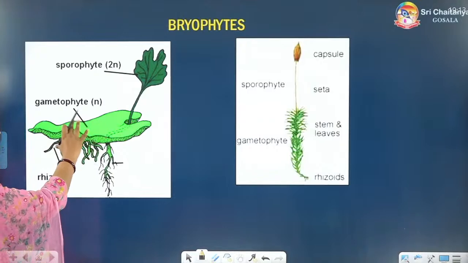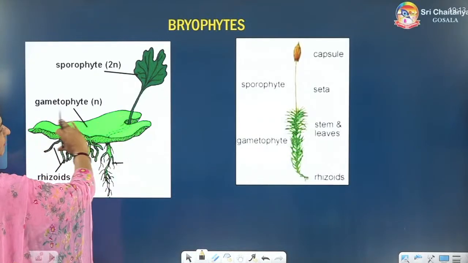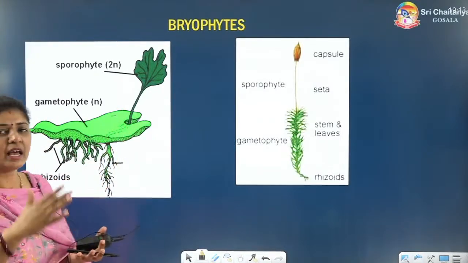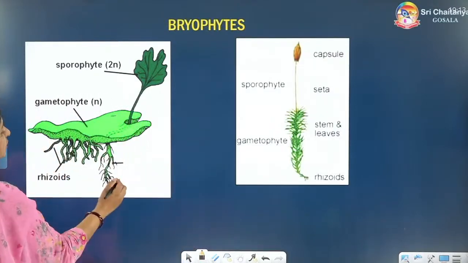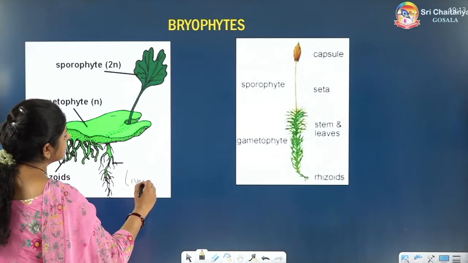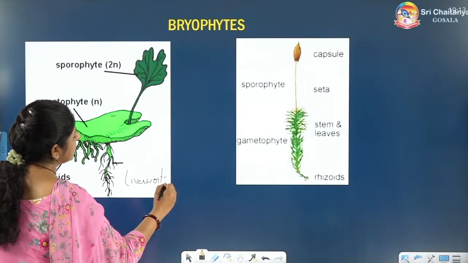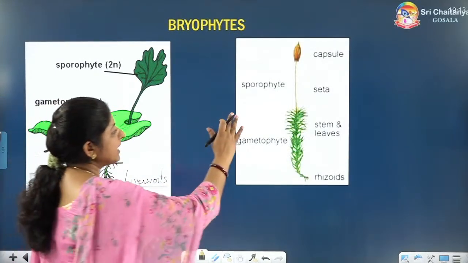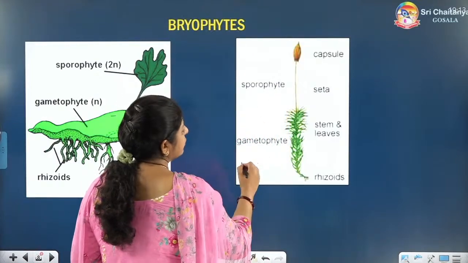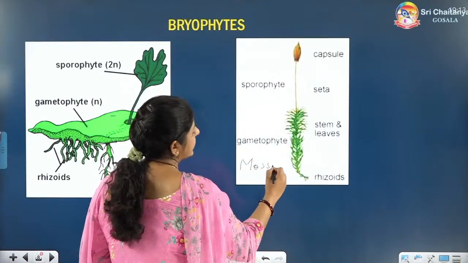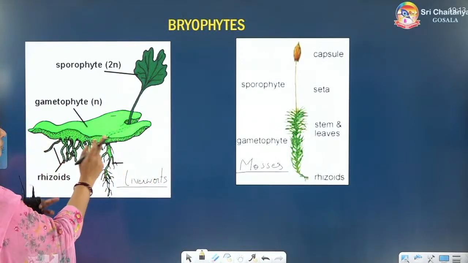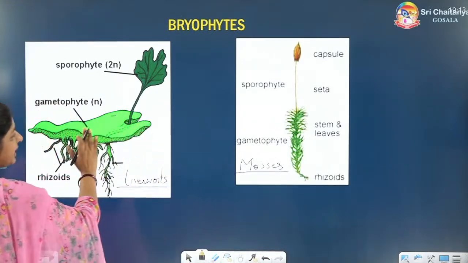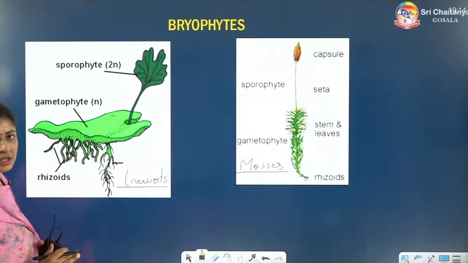Can you see one category has this flat type of structure, like a shoe on the ground. This type you call liverworts. What do you call it? Liverworts. And the one which is erect, that category you call mosses. So the gametophyte of bryophytes can be of two types, liverworts and mosses.